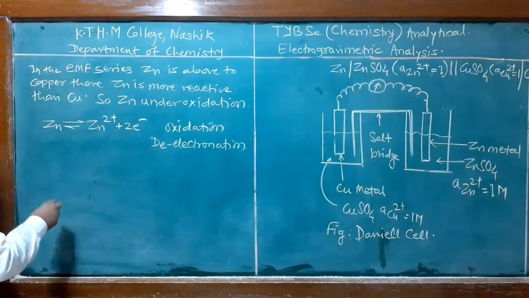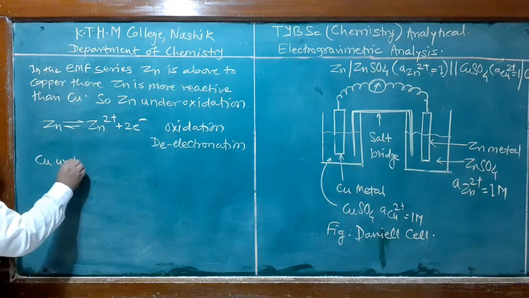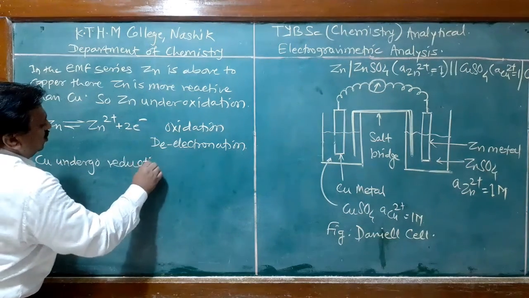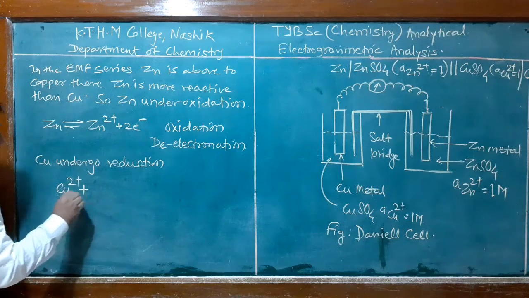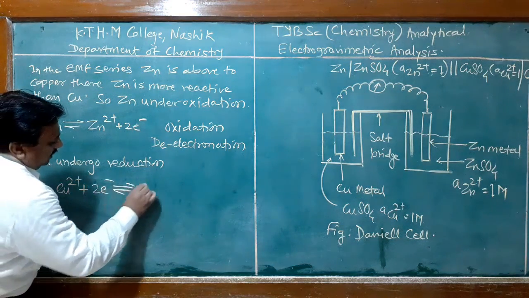And therefore, here copper undergoes reduction by taking the electron from the zinc rod. Therefore, copper 2 plus ion plus 2 electrons gives copper metal.